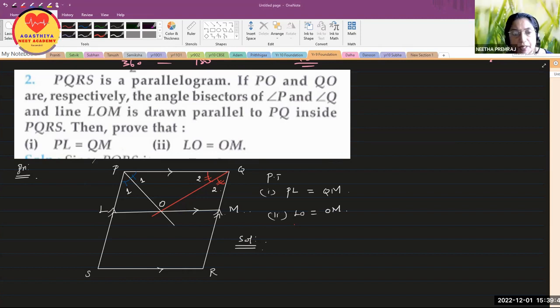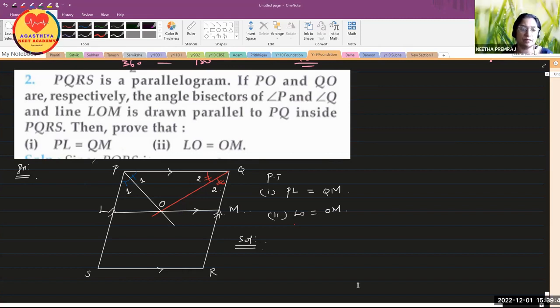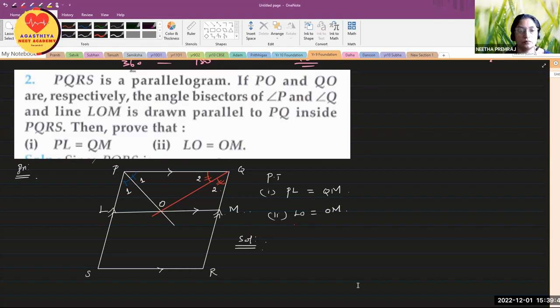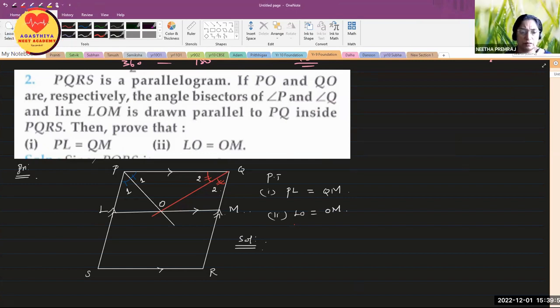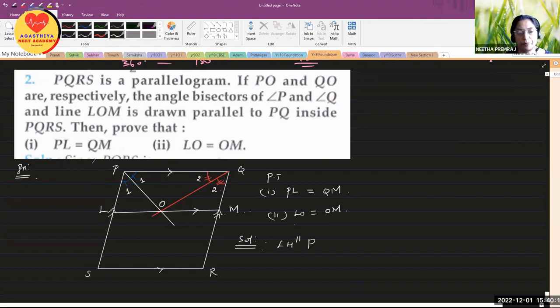Okay, fine. See, it is given in the sum LOM, you just name it as LM. We know LM is parallel to PQ.